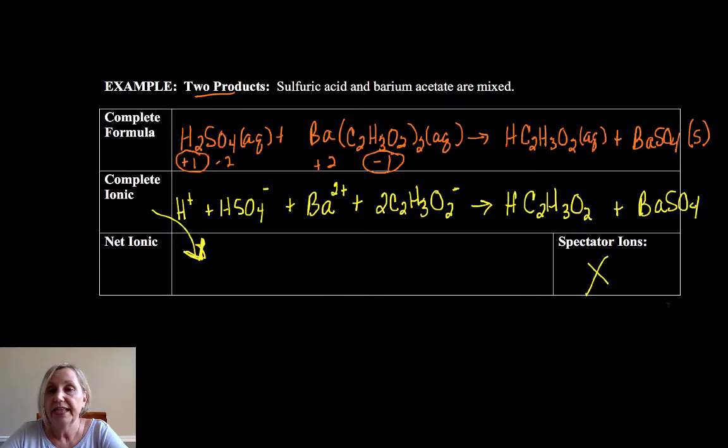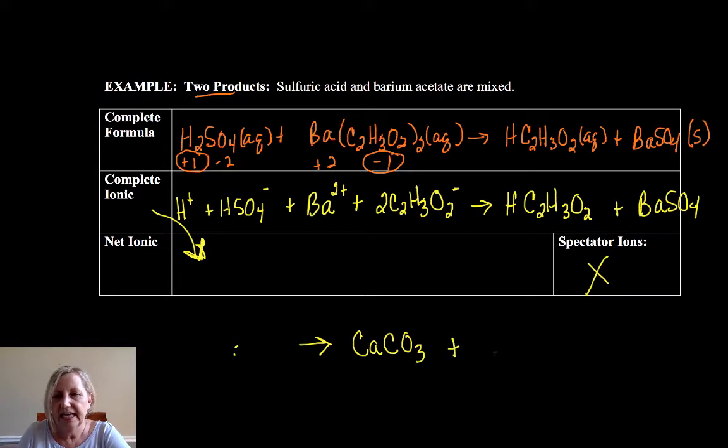So hopefully that gives you an indicator of what's going on. We're going to be doing decomposition in another video, but just a heads up, let's say you formed calcium carbonate, and sodium chloride.